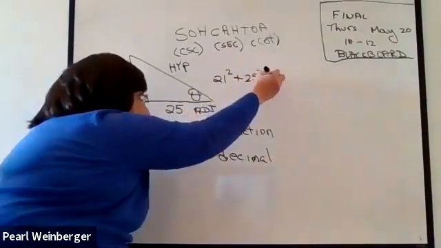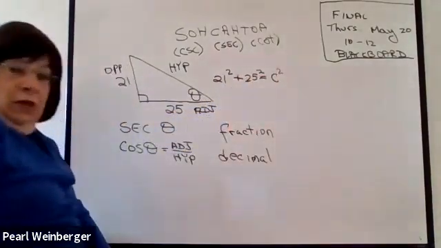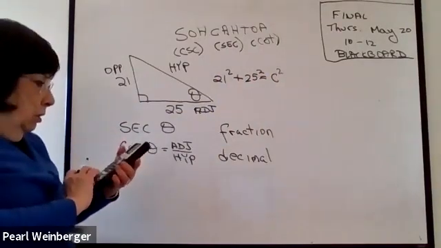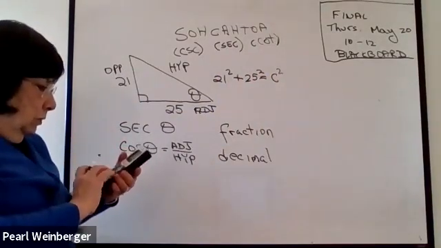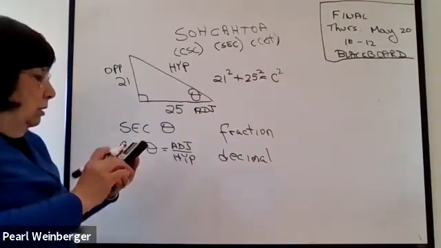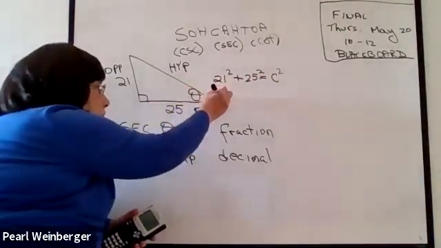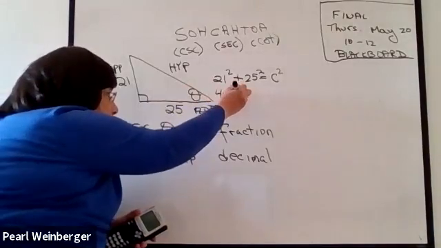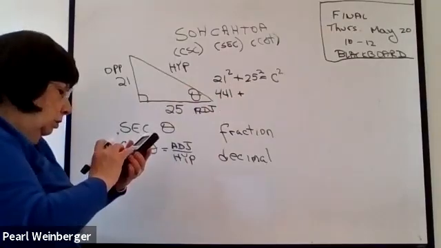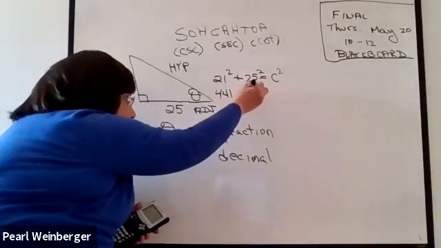equals c squared. Okay, here comes my handy calculator. 21 squared is 441, plus 25 squared, that's 625.